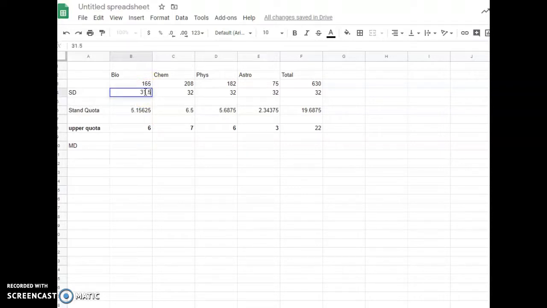This was 31.5. All right. So that still would be 6. That'll still be 7. That'll still be 6. That'll still be 3. And equals sum.